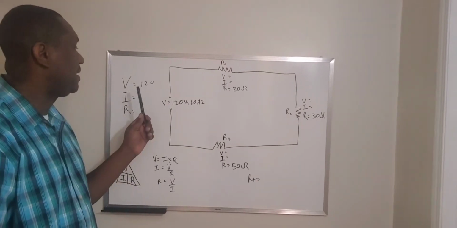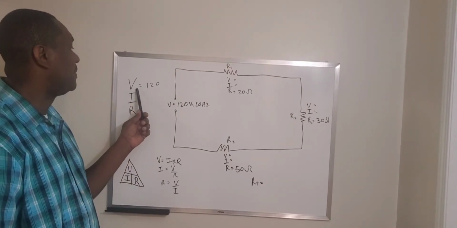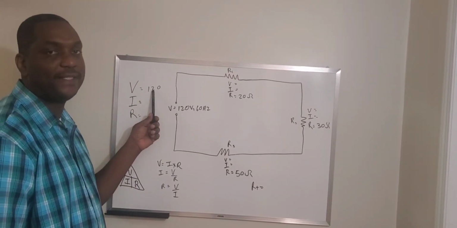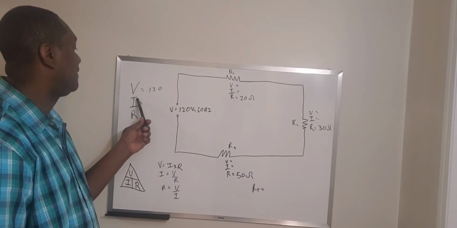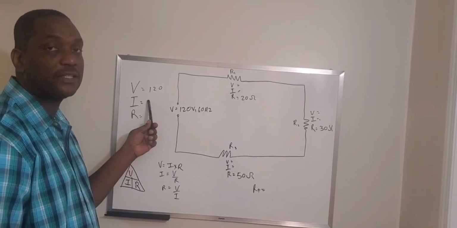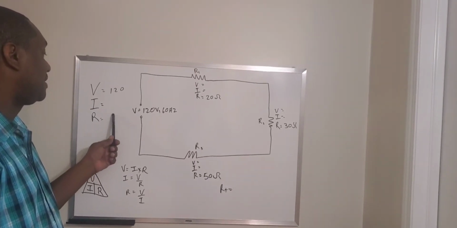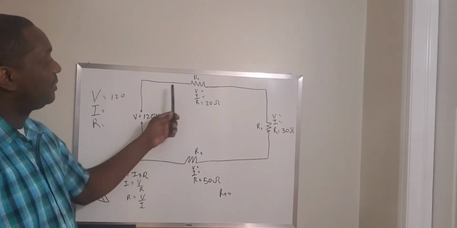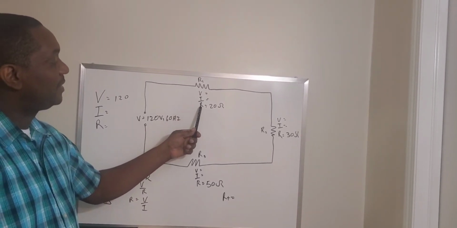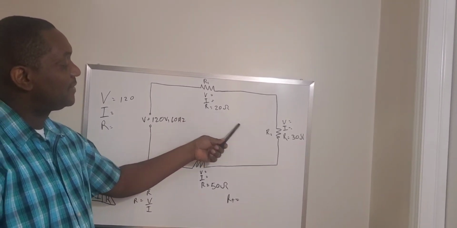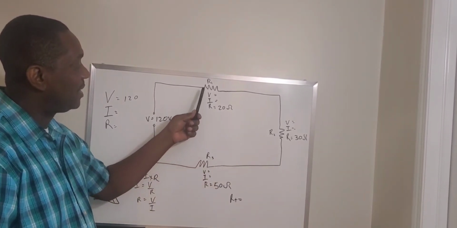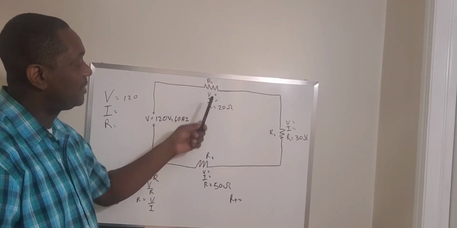The values we are given here: the voltage in the circuit is 120. We're not given the total current in the circuit, neither were we given the total resistance in the circuit, but we were given the resistance for each branch of the circuit.